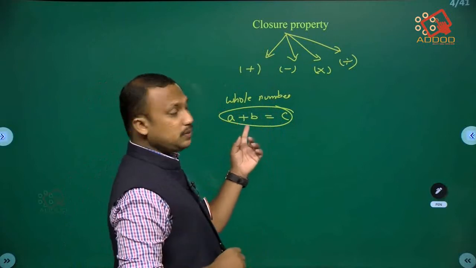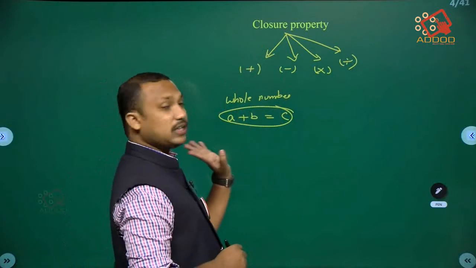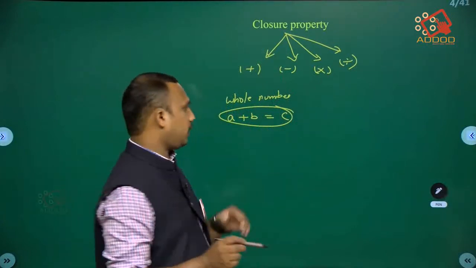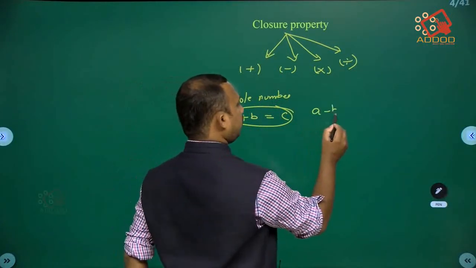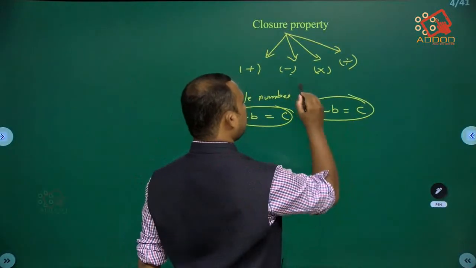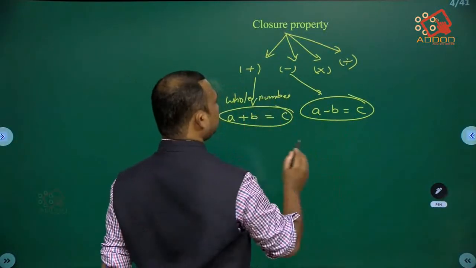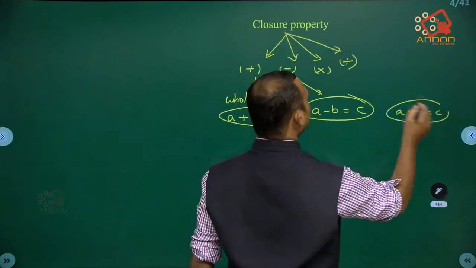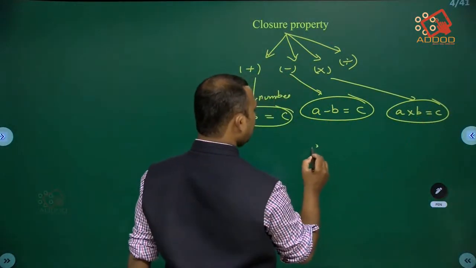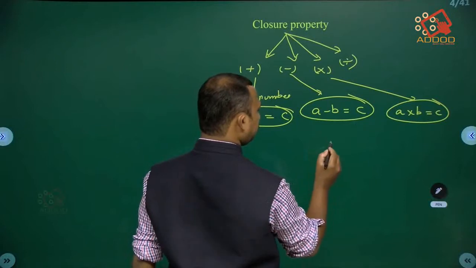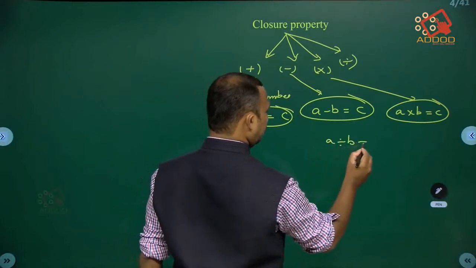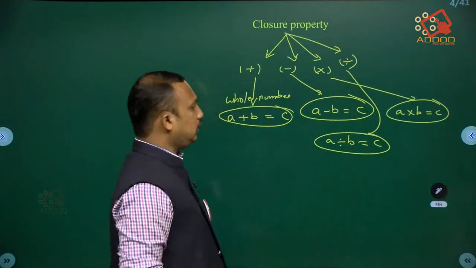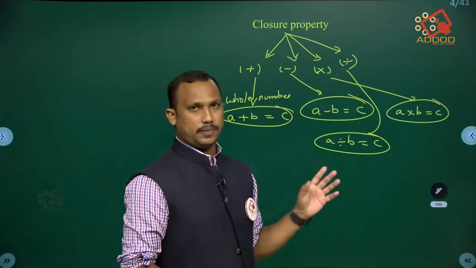If I put minus, it means closure property under subtraction, a minus b equal to c. If I put into, it means closure property under multiplication, a into b equal to c. And a divided by b equal to c is under division. So 4 fundamental operations are there.